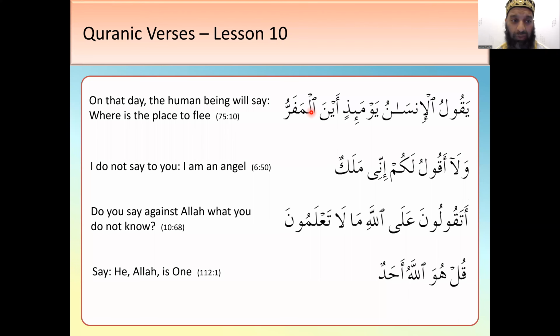You have to just know that word. We'll learn, inshallah, next week why it becomes he will. As long as you know, literally, this word by itself means he says, al-insan, the human being, yawma idhin, on that day, aina, where, al-mafar, the place to flee.